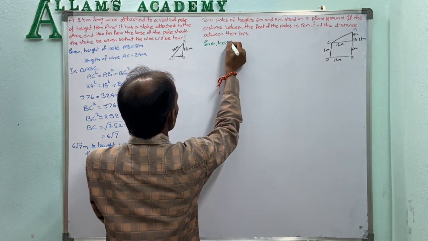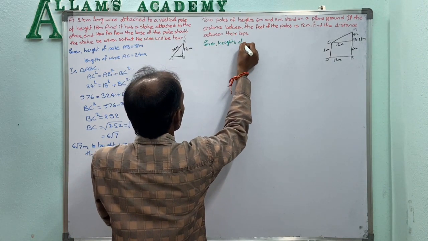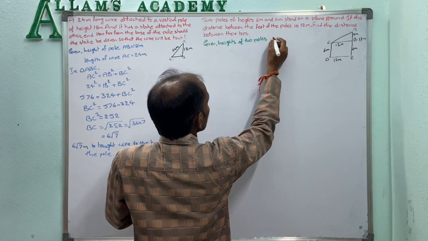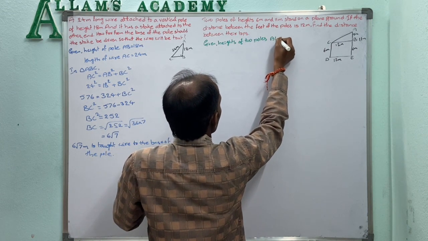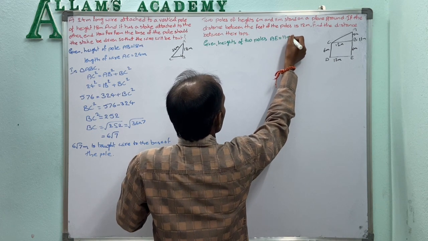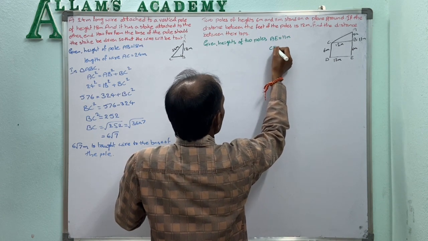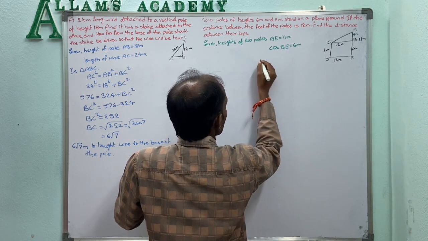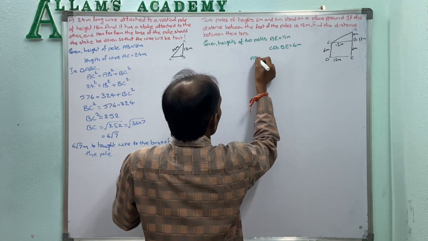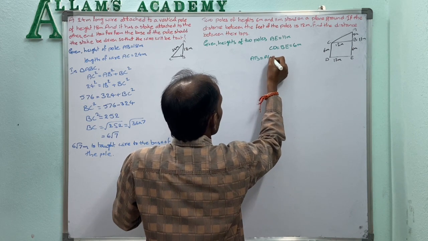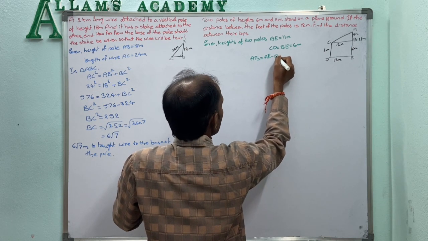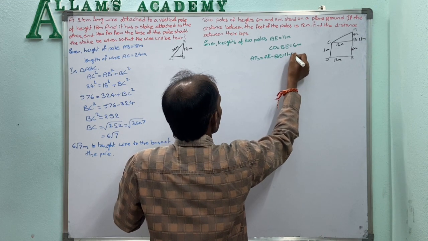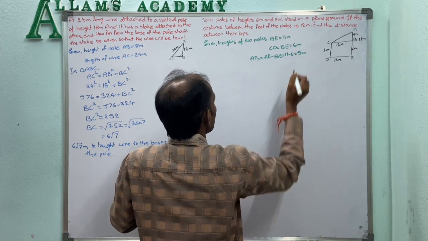Given heights of two poles: AE equals 11 meters, CD equals BE equals 6 meters. AB equals AE minus BE, that equals 11 minus 6 equals 5 meters.